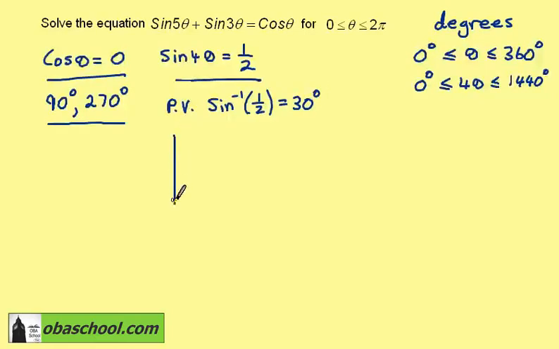Looking at our CAST diagram, 30 degrees is in the A quadrant, and for a positive sine, the other one must be in the S quadrant.